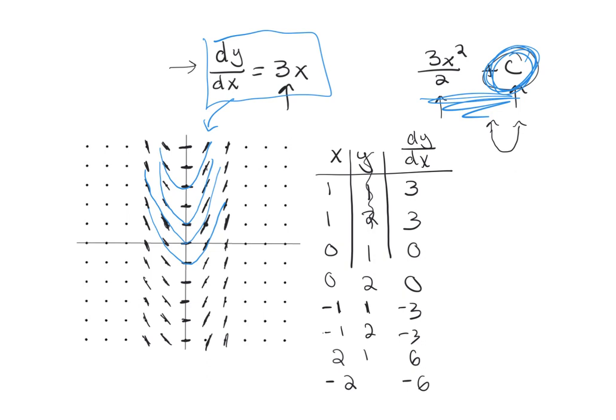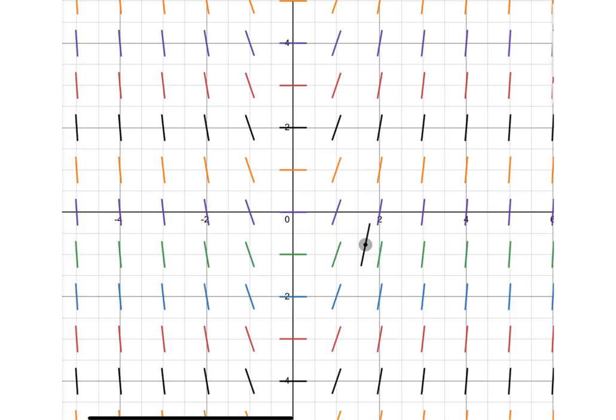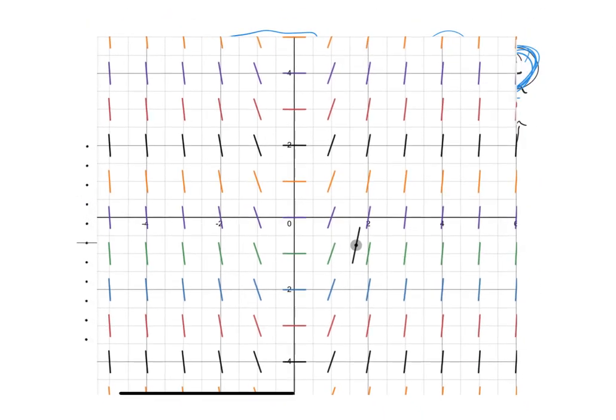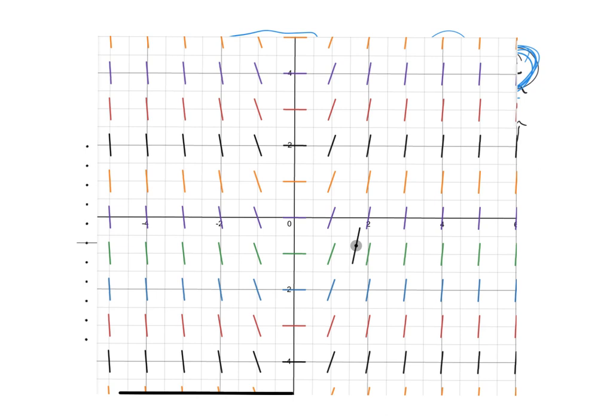All these different vertical shifts of this parabola, 3 over 2 x squared. And here is one fully done. There are slope field generators online, and this is through Desmos, so you can see all the variations of these parabolas.